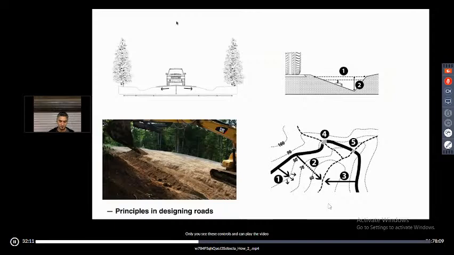What I'm going to say also is that the road will change the hydrological situation of your farm. So it's rather important that whatever you do, you try not to change how the water would be flowing.